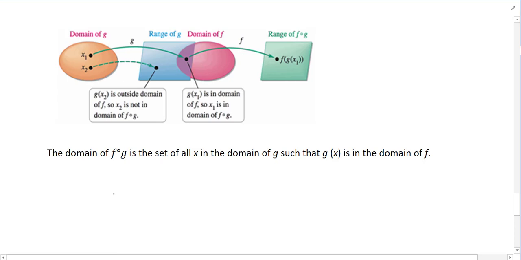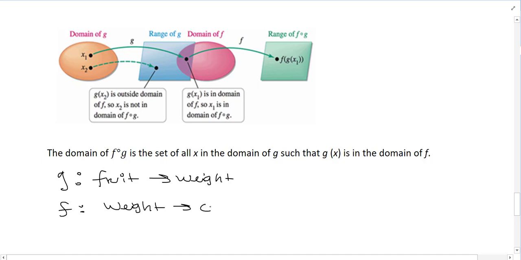So we can say that g is a function that maps the fruit to its weight. And then f is a function that takes the weight of something and gives its cost. Then f of g of x will give us the cost of the fruit.